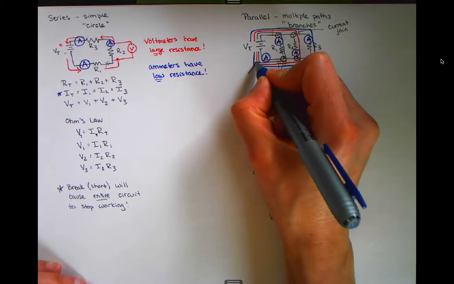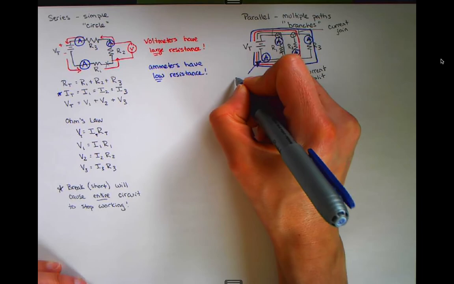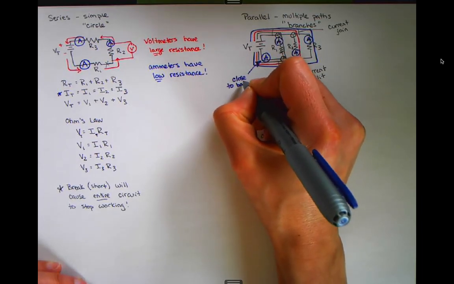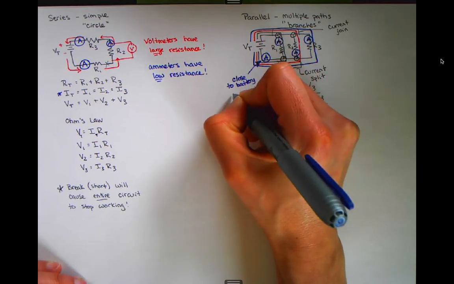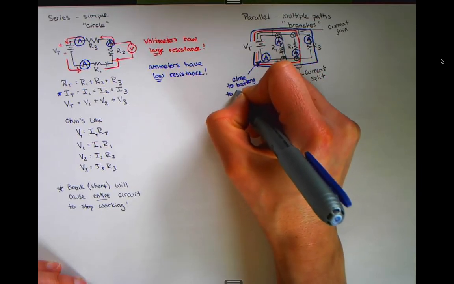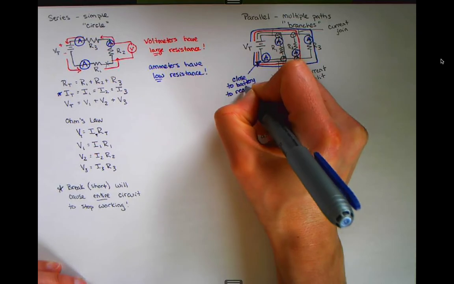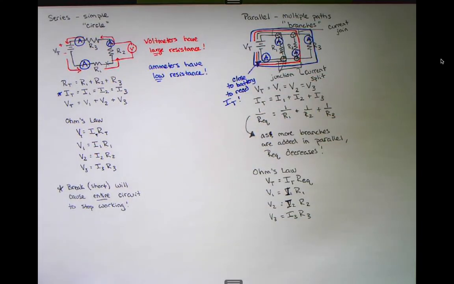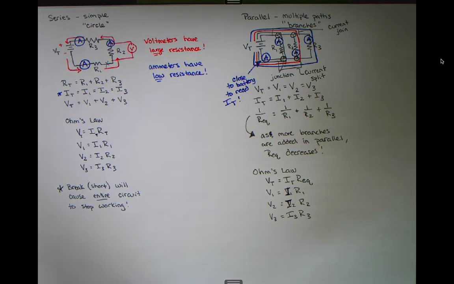But this is key. Your ammeter you need to place close to the battery in order to read the total amount of current, I total. All right, so it could be as the electrons leave, or it could be on the opposite side, right? I could place it up here, and as the electrons come back into the battery, all of that will go through.